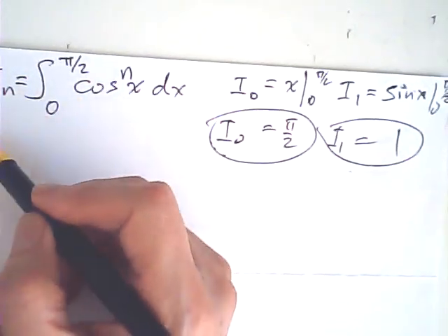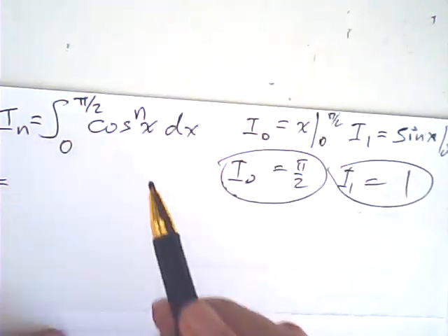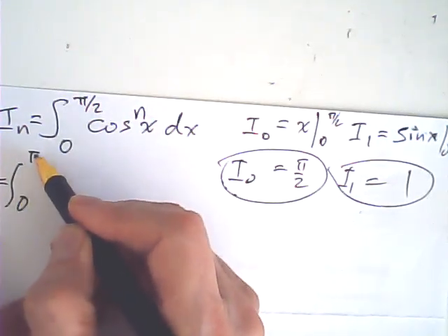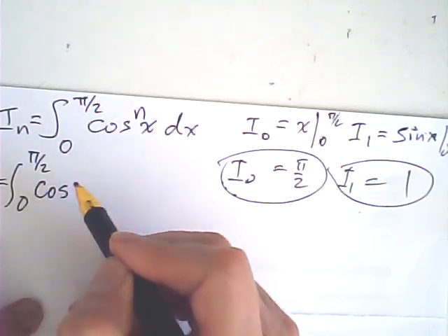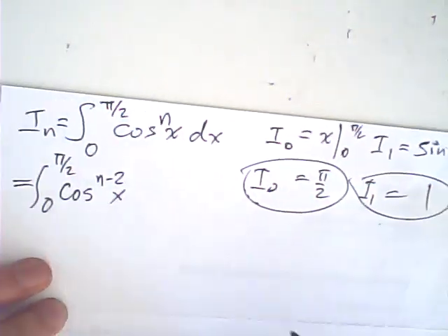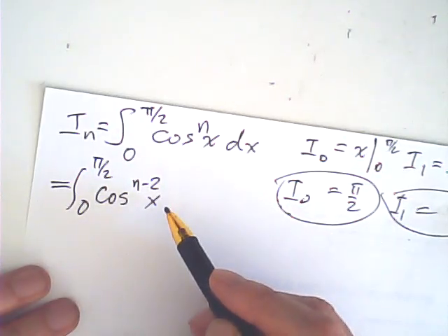Now, for this, I do that, right? This is cosine n minus 2 x times cosine square times cosine.